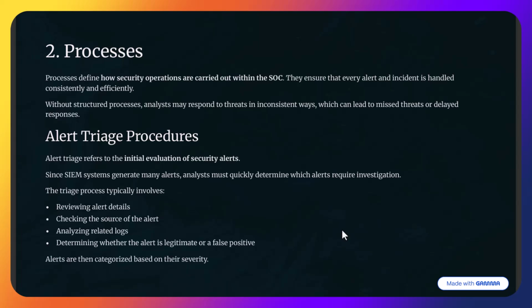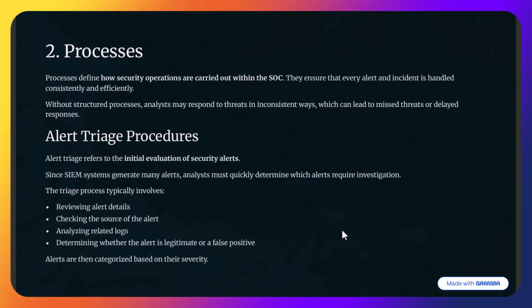Alert triage procedures. Alert triage refers to the initial evaluation of security alerts. Since SIEM systems generate many alerts, analysts must quickly determine which alerts require investigation.